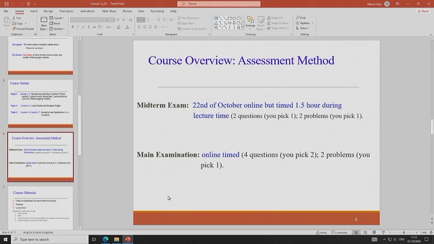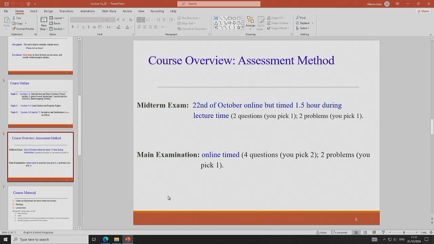If you know by now already that you will have issues on that day for whatever reason, please email me or come and talk to me at the end of this lecture, okay? Because I will ask you to submit some forms, because unfortunately we cannot change the date and it cannot be retaken. The main exam will be exactly the same format, so if you do the midterm test, you will already have a very good idea of how the final exam will be.